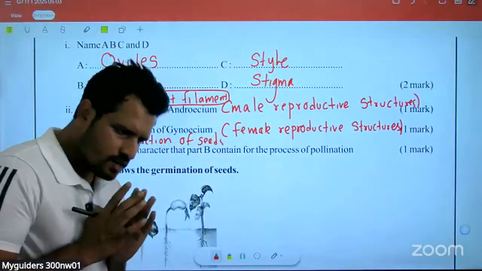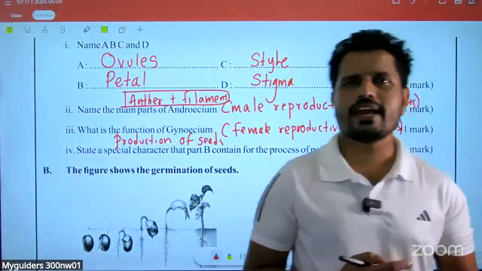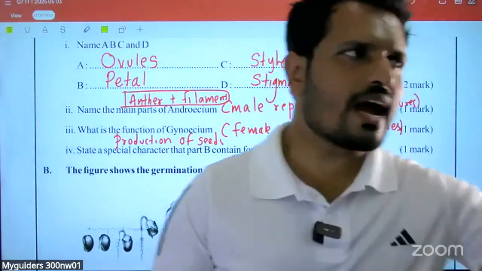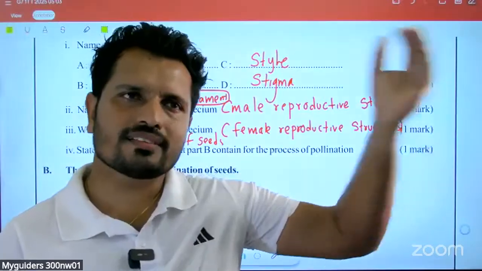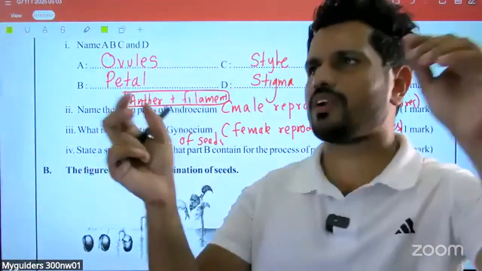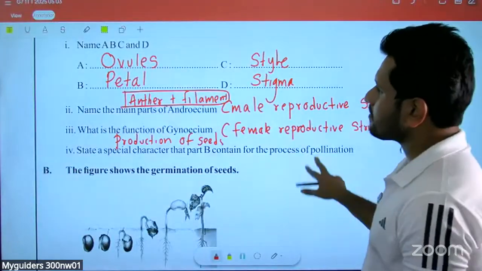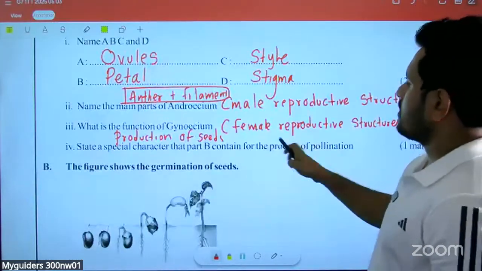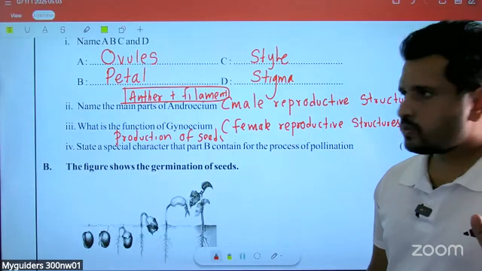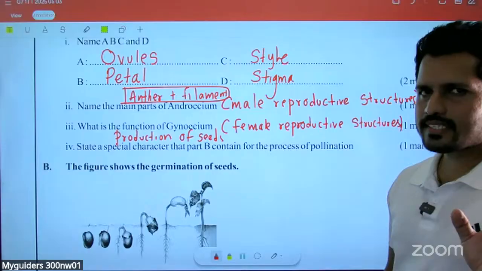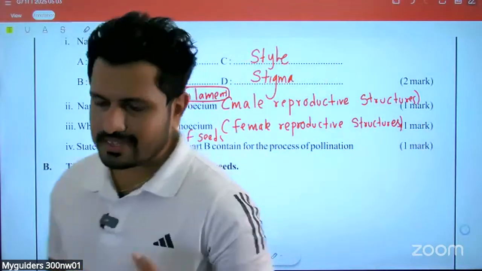In order to pollinate, the plant should gain some pollen from other plants. So it should deposit pollen on this female structure or the gynoecium. In order to do so, it should attract some insects, right? This is the method to attract insects.